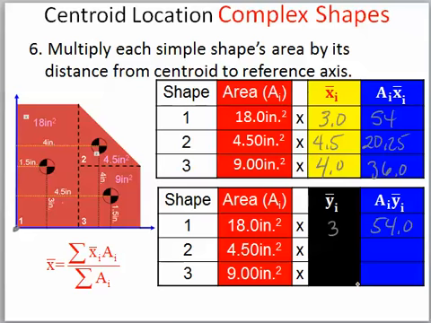It's not always going to be the same. The Y then for the second one, it is up 1.5 inches, which gives us 6.75. And then the third one is up 4 inches, and that's 36.